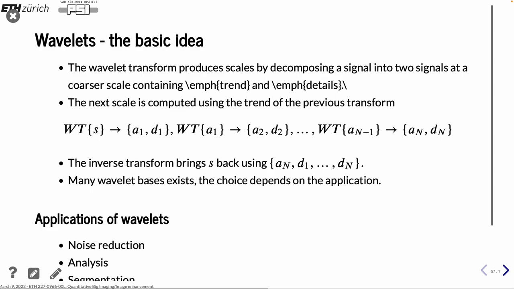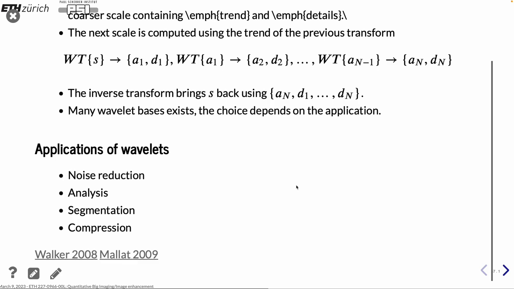Also on heart rate monitoring, you can use the wavelets to identify specific features in the patterns. You can also use wavelets for segmentation, and you don't see it here now, but compression is also a typical application of wavelets.